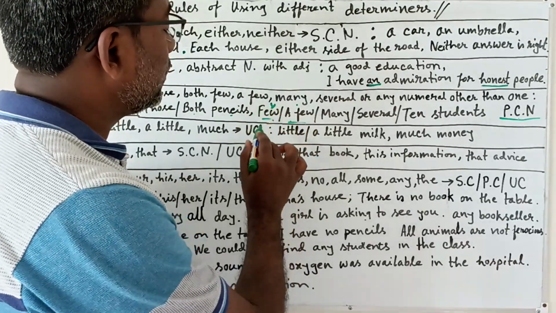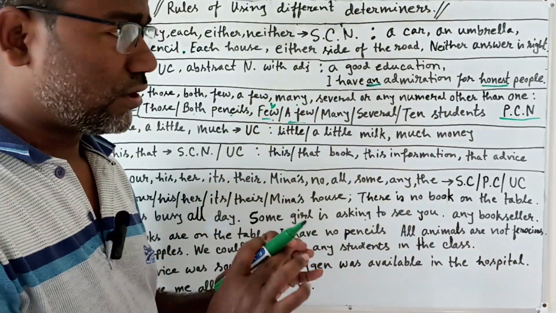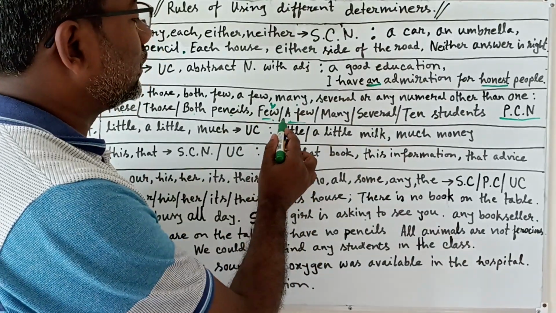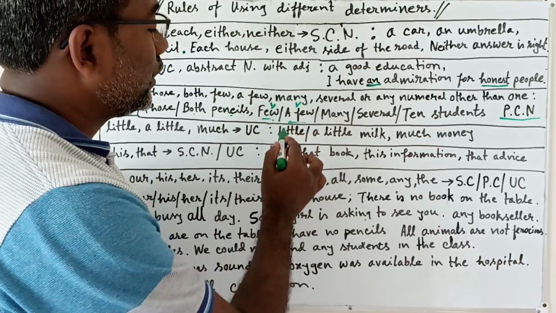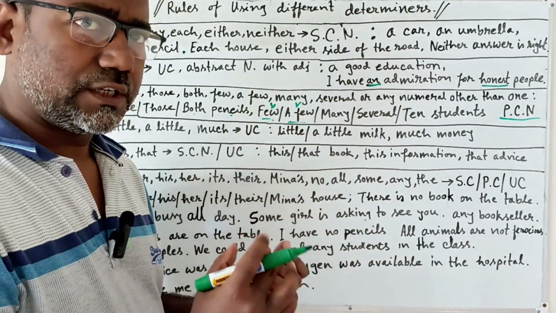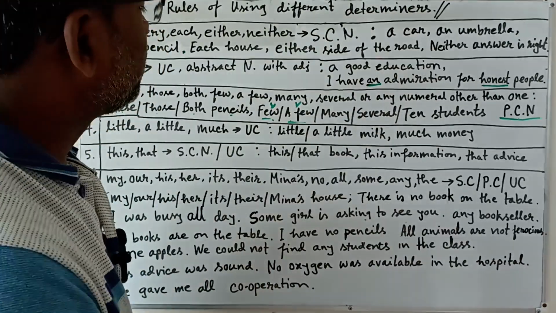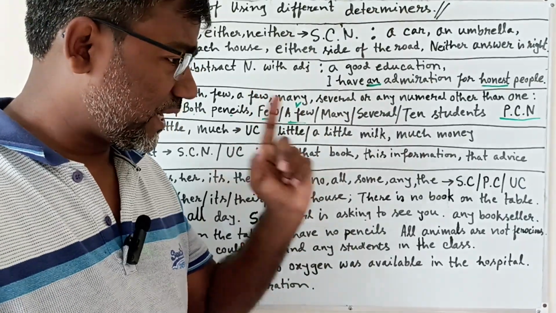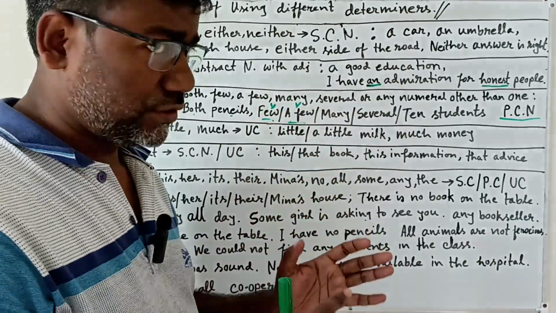Few means almost none, almost none. Ignorable number, and a few means small number but considerable number. For example, the man is unsocial.